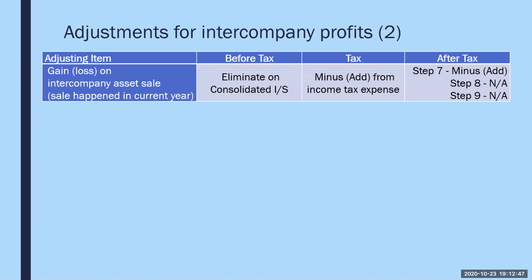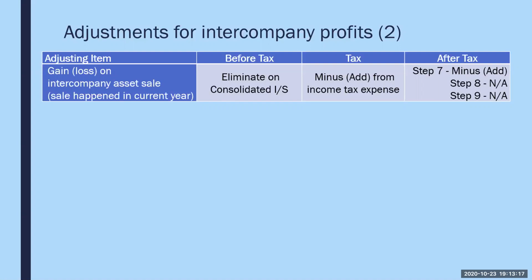If there was a gain, the amount of the tax will be subtracted because the gain has been eliminated. If it were a loss, we would add back the amount of the tax benefit because the loss has been eliminated. And the after-tax amount is adjusted in step 7 when calculating consolidated net income in a manner similar to what we discussed for inventory.